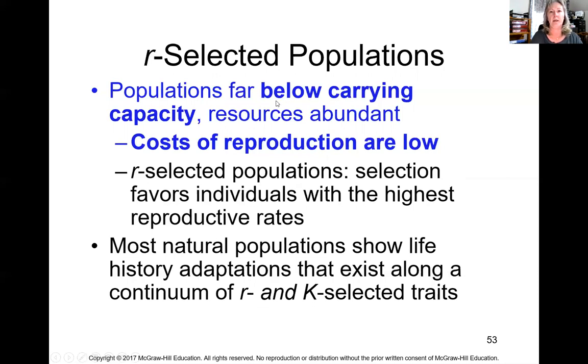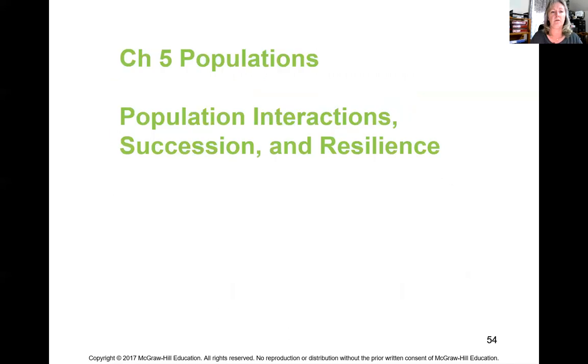But if you're far below the carrying capacity, so if there's abundant resources, then reproduction cost is low. And so you're going to have even males that maybe in other cases, not the pinkest flamingos, those males may be successful at reproduction if there's an abundance of resources.